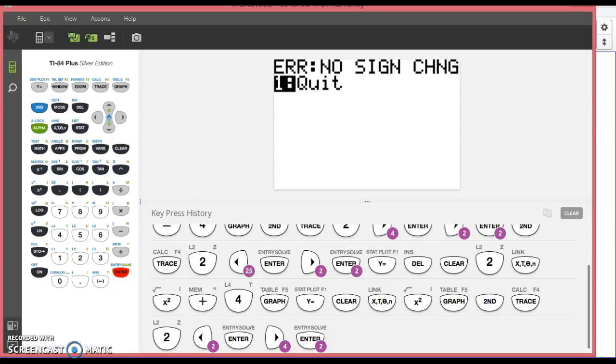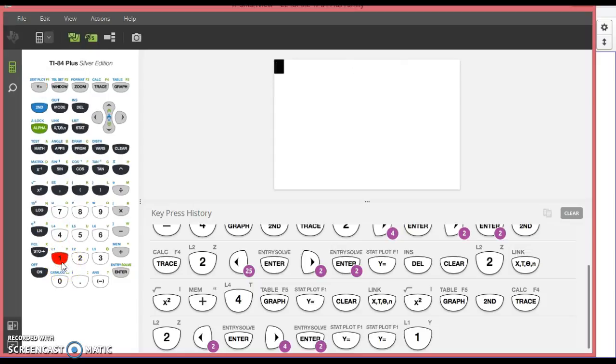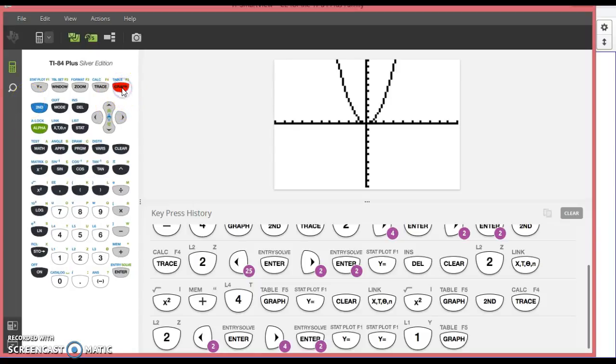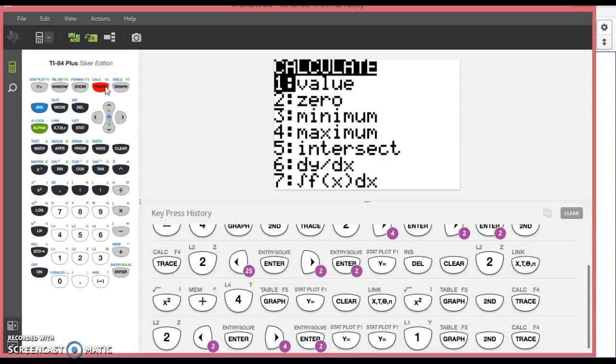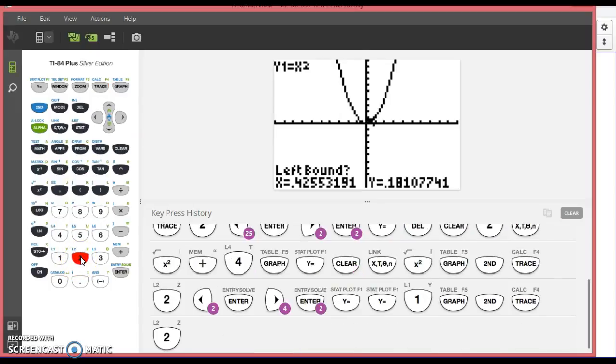Let's go back to y equals. What? Quit. I gotta hit quit. Let me try it one more time. Let's make sure that I didn't. Okay, so 0, 2. I'm going to go to the left bound.